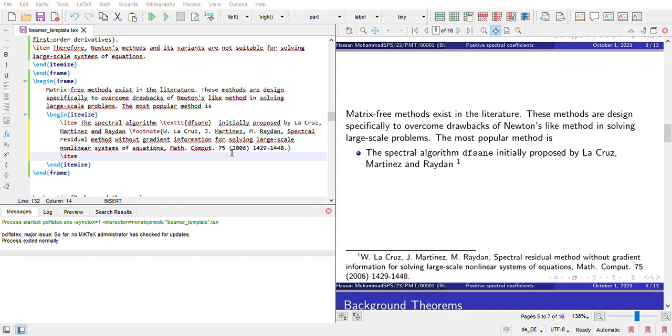So what I have here is the way the DF-Sane algorithm initializes, or the way it operates.